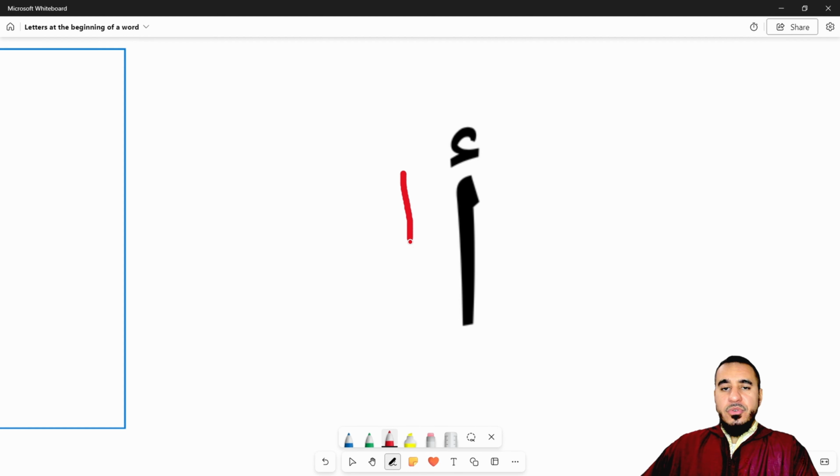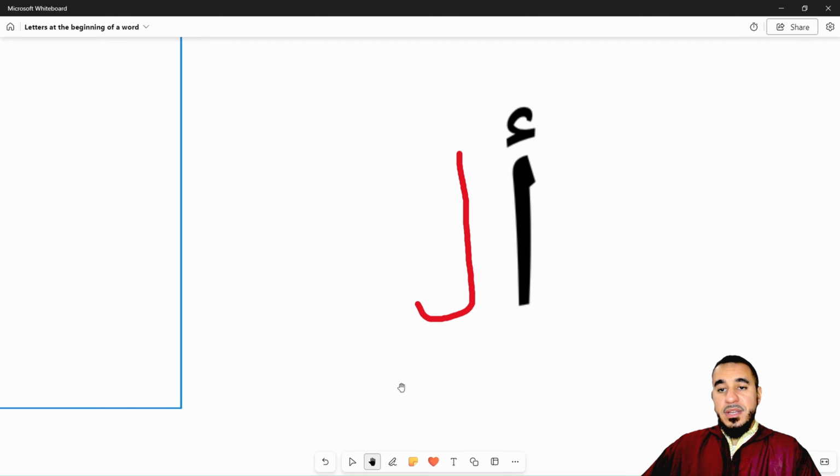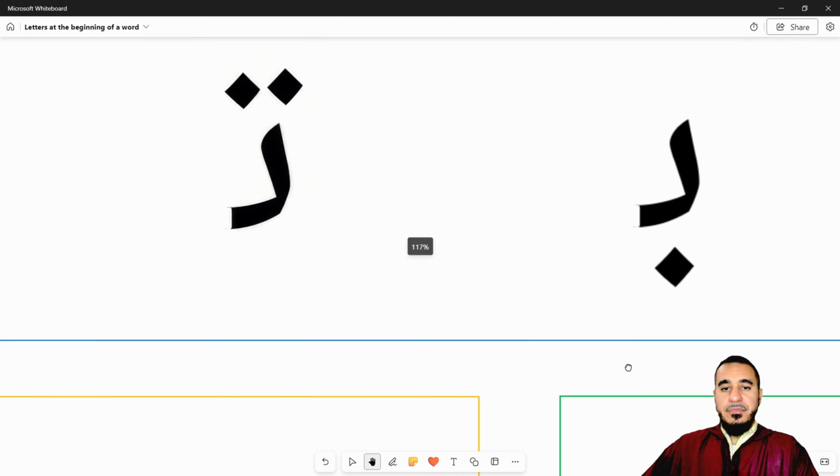So for example, if we write the letter lam, it will not physically attach to this letter. There will be a space between these two letters. Let's have a look at the other letters and this will become clearer, inshallah.